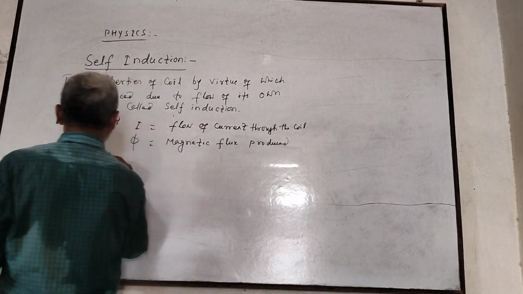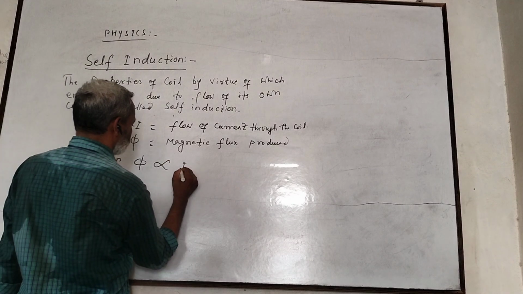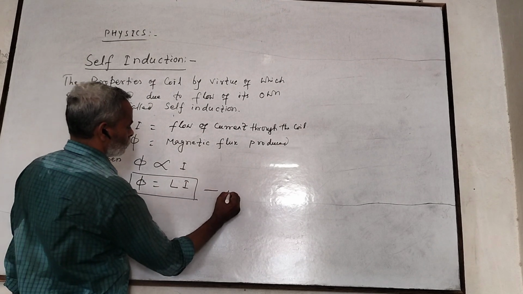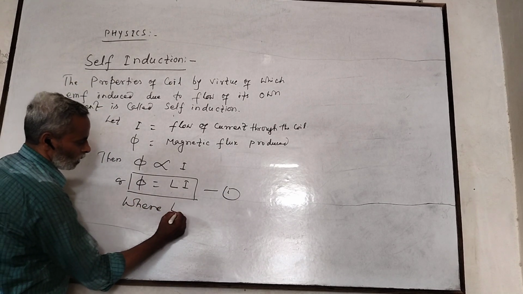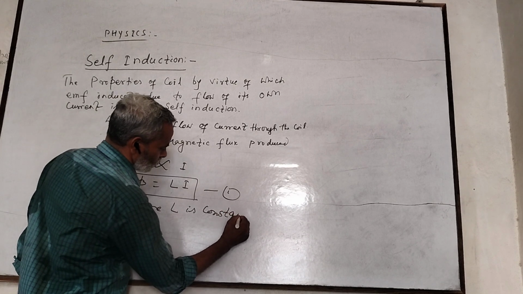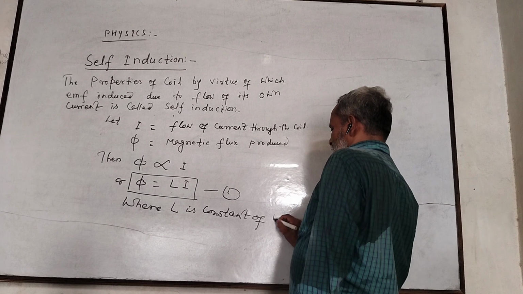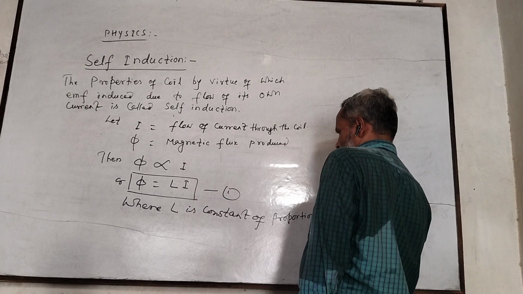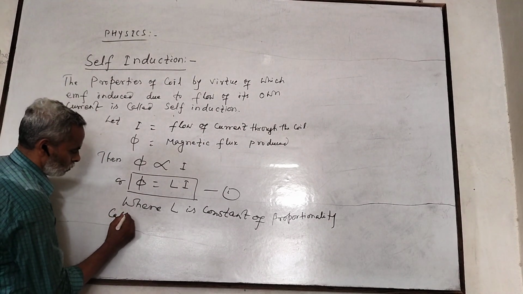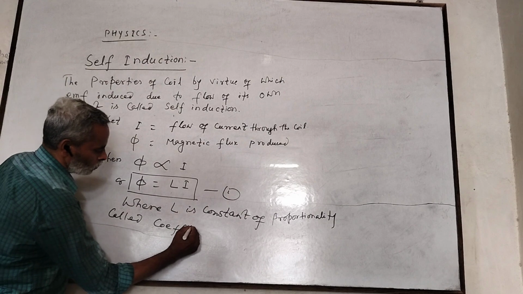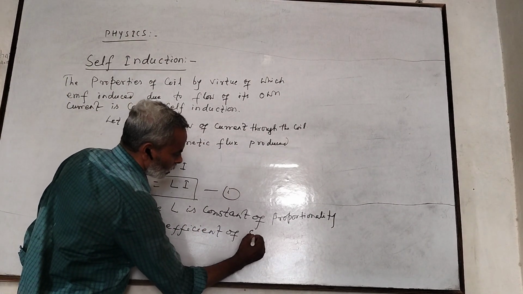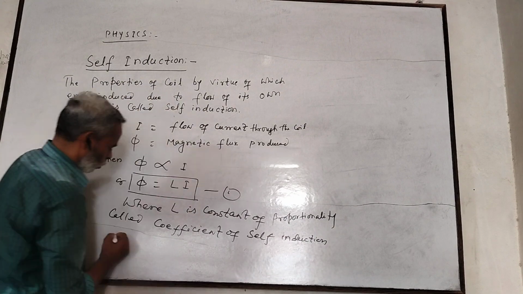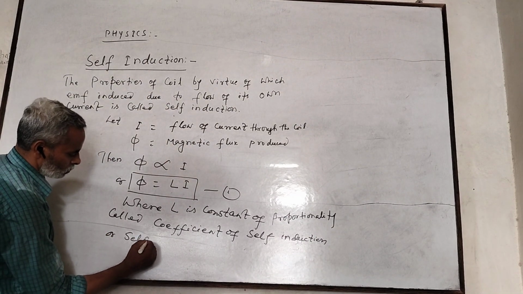Then phi is proportional to I, or phi equals L I, where L is the constant of proportionality, called the coefficient of self-induction, or simply self-inductance.